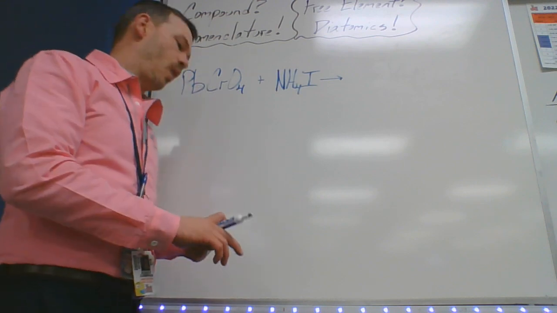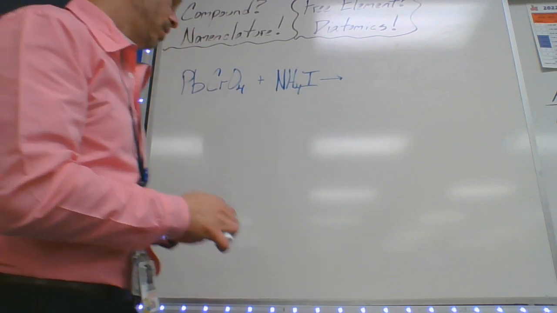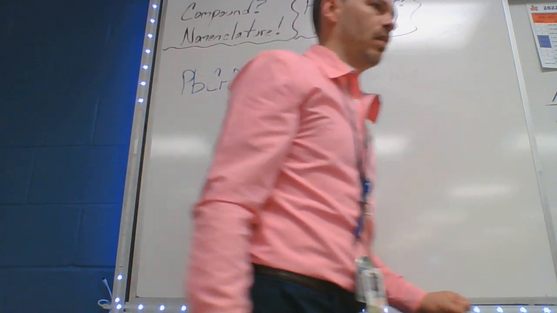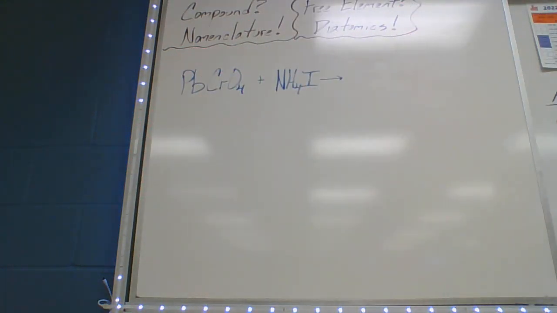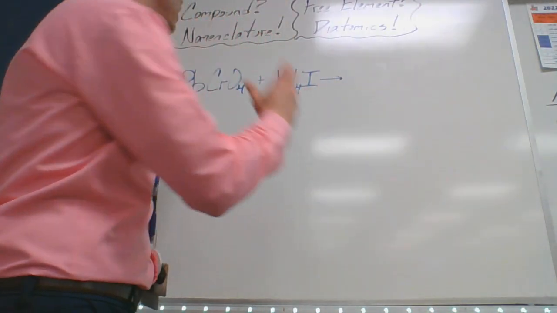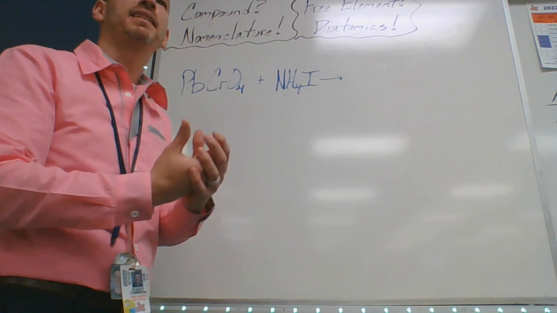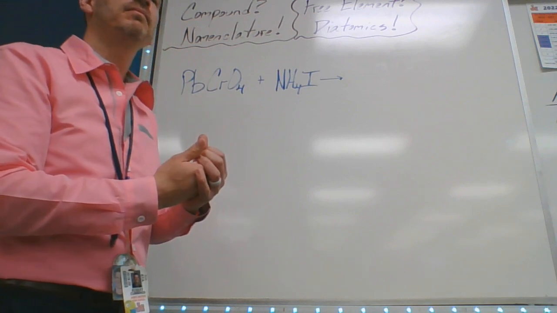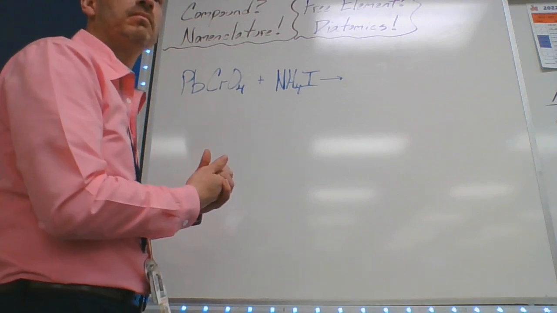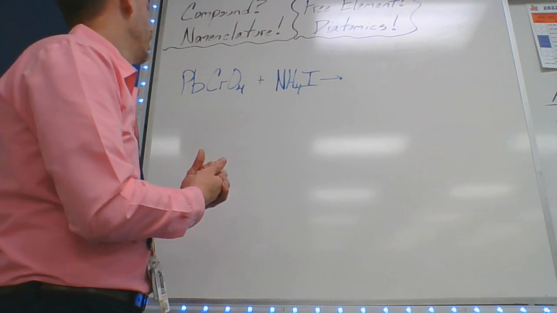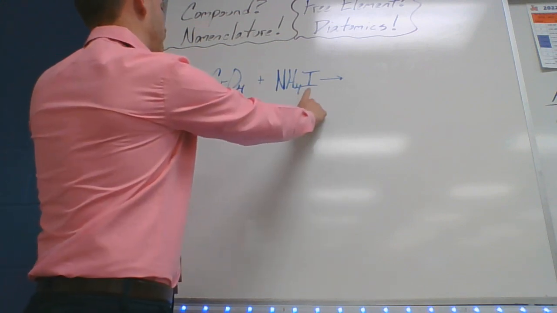Let's do the ion swap. So here we go. Let's go talk to someone. Let's go to cluster 5 and talk to seat 1. Aspen, it's you. Hey, Aspen, what 2 items want to switch places? Not the iodine and the lead. They don't want to switch places.